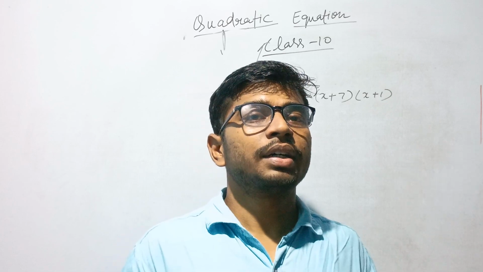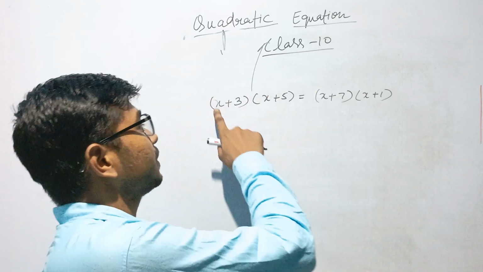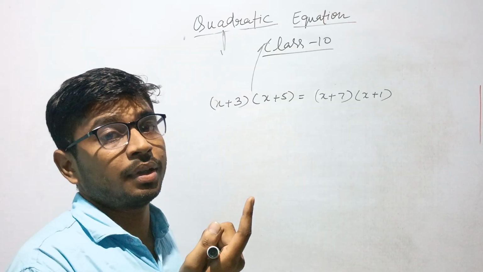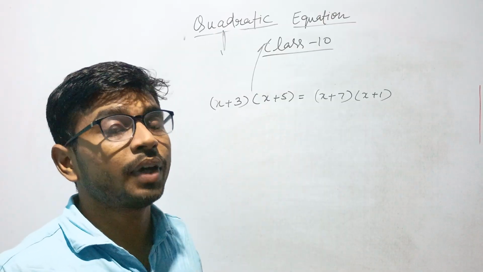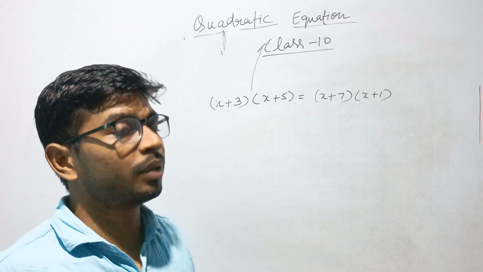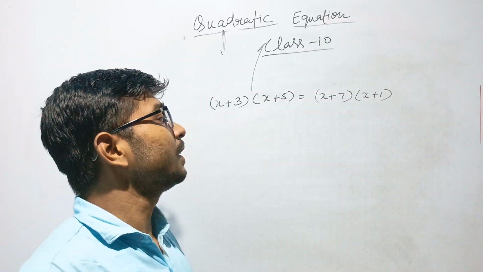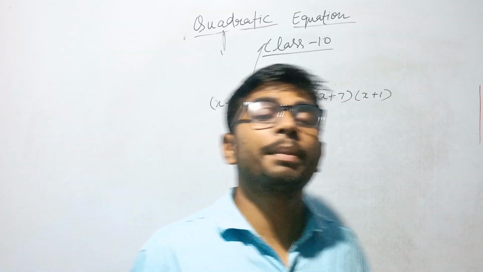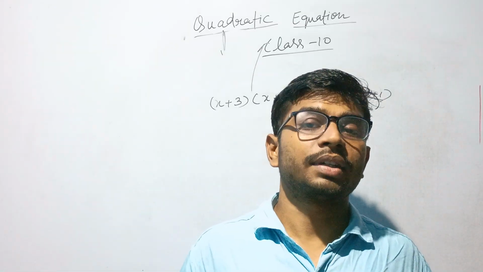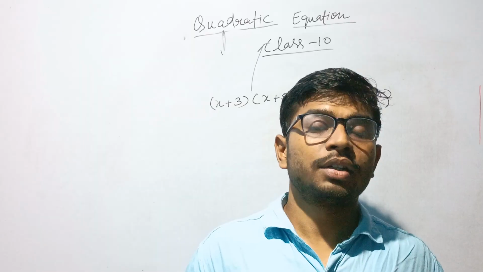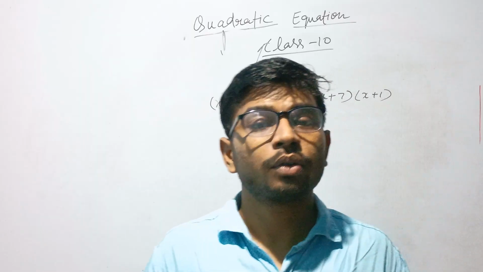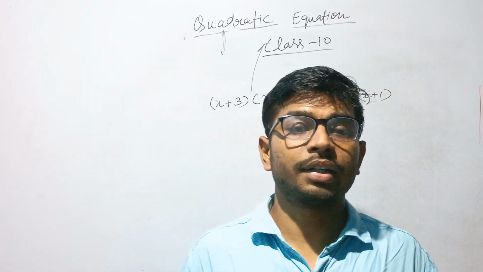How will you check? If you directly see x into x square, yes, it can be quadratic equation, but we have to be careful about this type of question. So first we will do multiplication. Sometimes what will happen, x square term can cut, so it can be quadratic, it can not be quadratic, right?